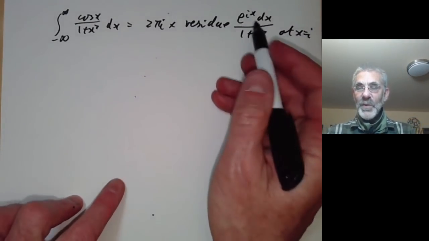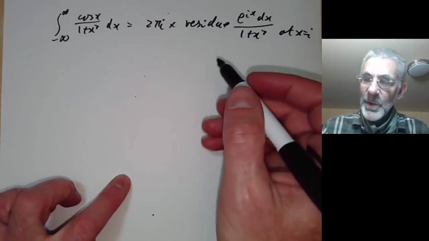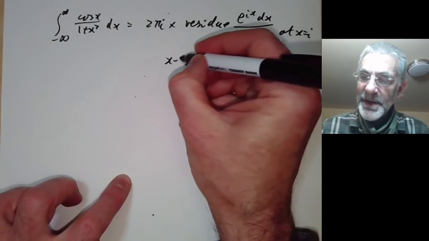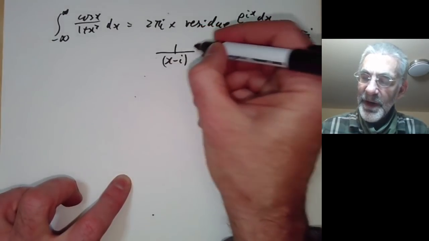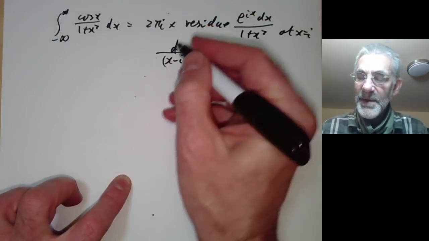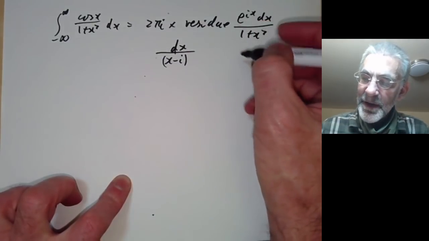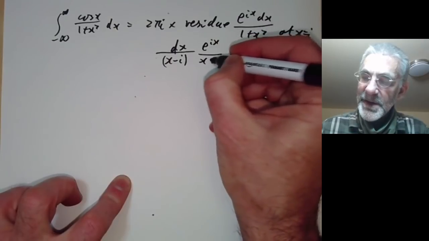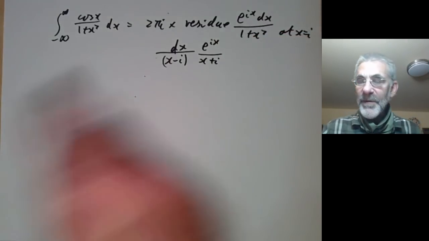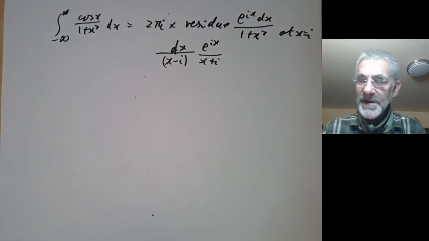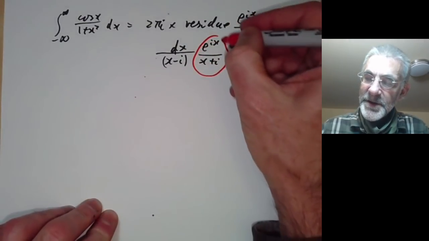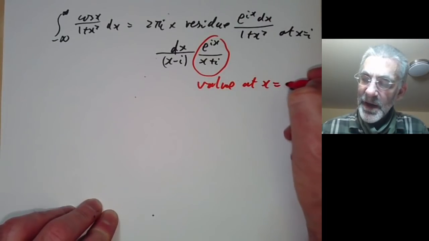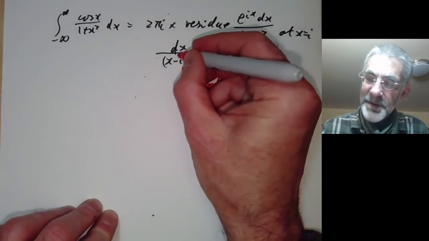And now we just have to work out this residue, and we can do that as before, because we can write this as 1 over x minus i, and let's put the dx there because this is the bit we don't care about, times e to the ix over x plus i. Now we've got dx over x minus i, so the residue is just the value at x equals i of the remaining bit here.